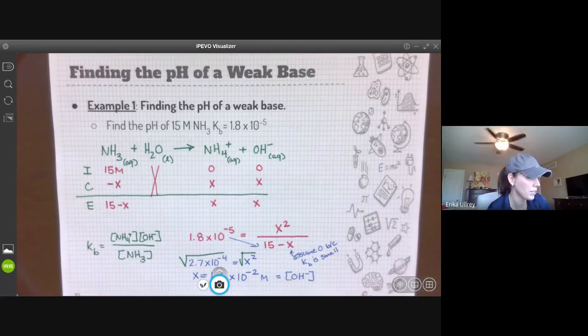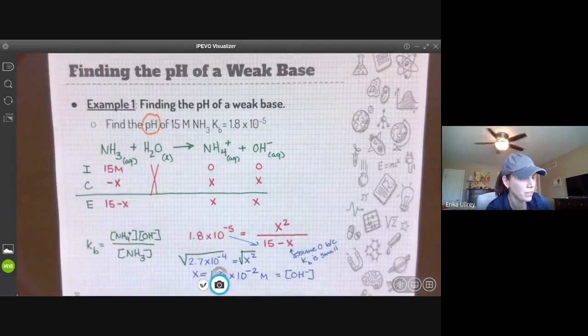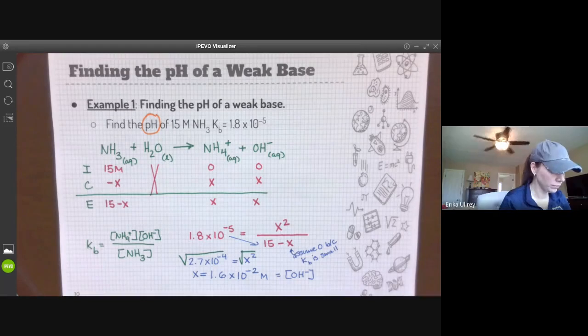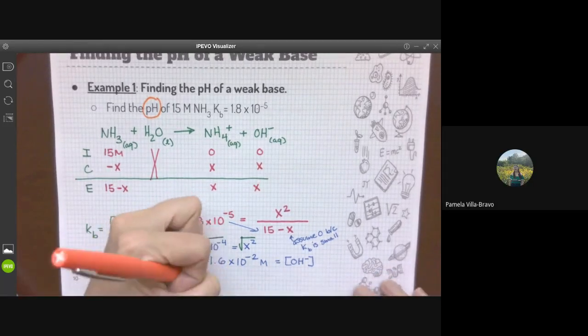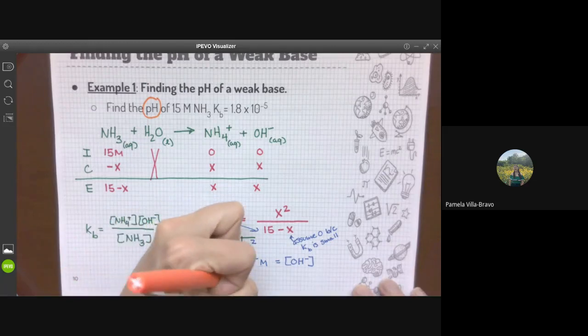And we want to get to pH as our final end goal, right? So Pamela, what am I going to do? What's going to be my first step? We're going to want to set negative log. Mm-hmm. And then the concentration of 1.6 times 10 to the -2.